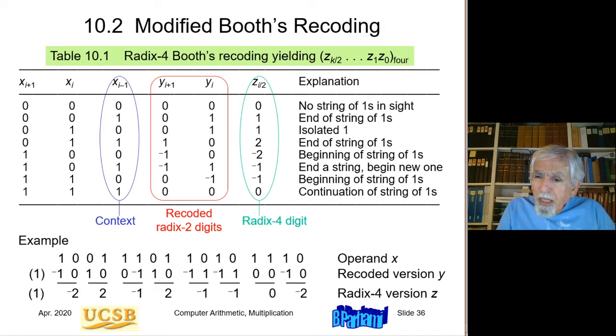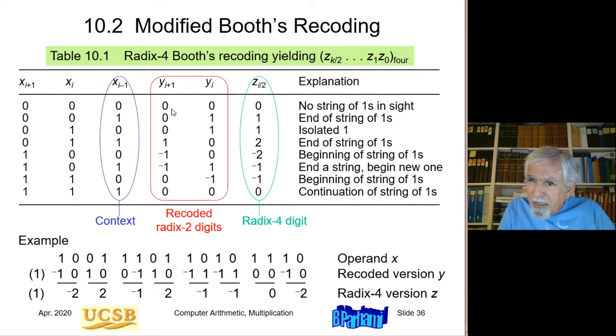Now, instead of doing the radix 2 recoding, as in the previous lecture, and then taking 2 bits at a time, I can do directly radix 4. So basically, the 2 digits will be xi, recoded by taking xi minus 1 into account, and xi plus 1 by taking xi into account.